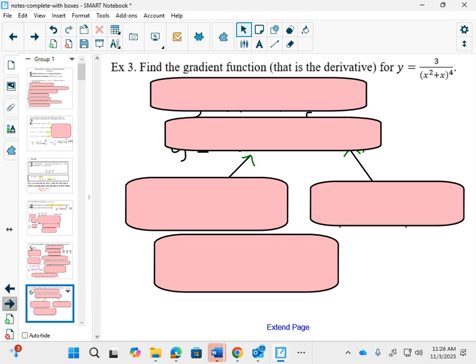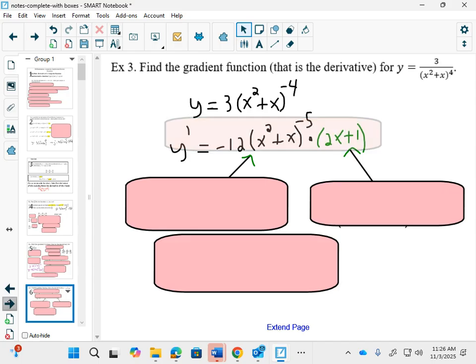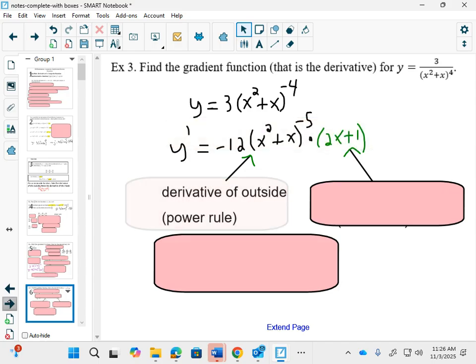So what are we going to do? We're going to do the purple method. We're going to say, first of all, we're going to write it in a way that it's just a chain rule, something inside of something else. Then what did we do when we did the purple? We did the derivative of the outside, which was just your power rule. We kept the inside the same. Notice this a lot in shortcuts, right? Quotient rule had it, power rule, product rule have it, where you keep something the same.